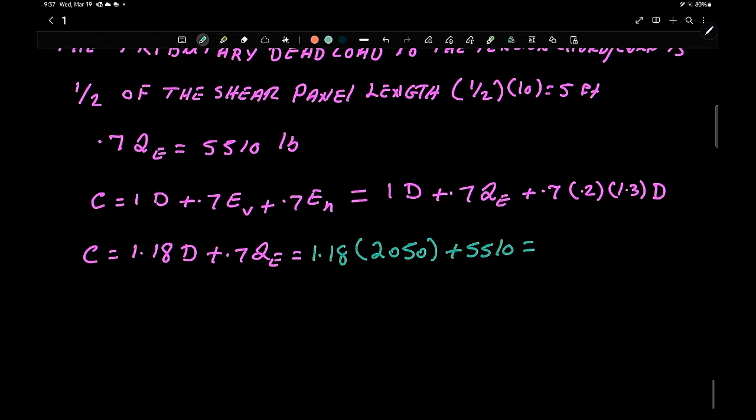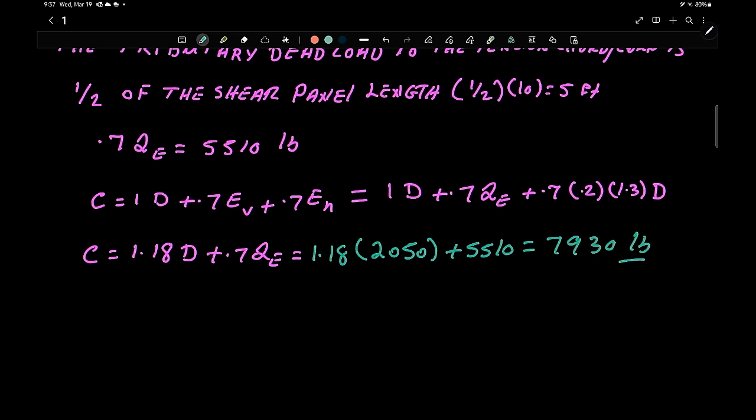So the compression comes out when we do the load combination. We end up with C equal 1.18 D plus 0.7 QE. We did this ahead of time. Remember, there were 3 load combinations, and this one will control. So if we multiply this together and put the numbers in, we should get 7,930 pound. This is for compression.